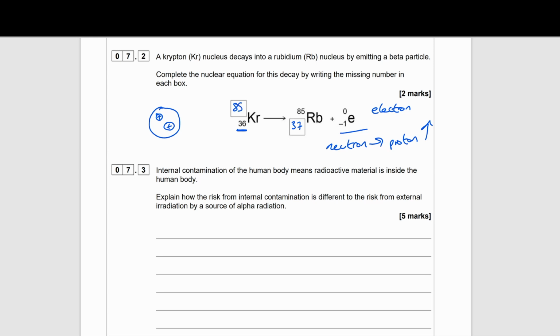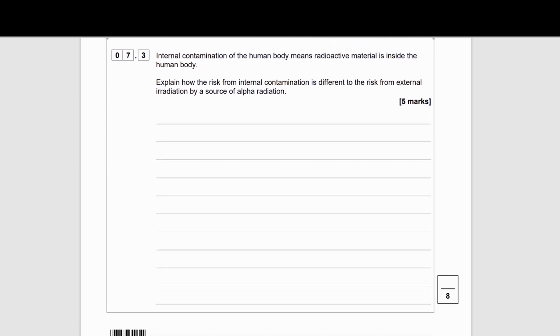Question 7.3. Internal contamination of the human body means radioactive material is inside the human body. Explain how the risk from internal contamination is different to the risk from external radiation by a source of alpha radiation. 5 marks.